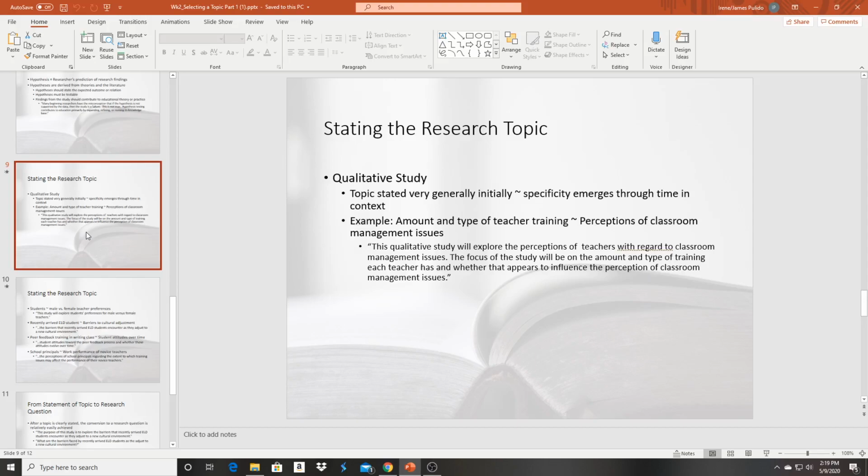Okay, and you're going to go specific, and then you're going to go general, and then you're going to go specific again. It's typically not linear where you're saying, I want to know this very specific thing. As you're doing your literature review and as you're developing your study, it'll broaden out, and then you have to narrow it back down. So that's very typical of a study. You might want to say, I want to know what makes people sick.